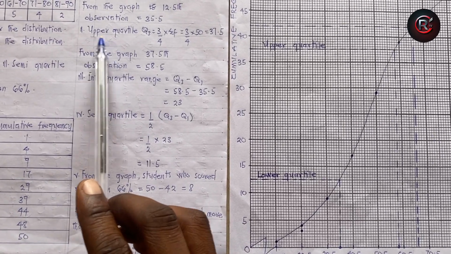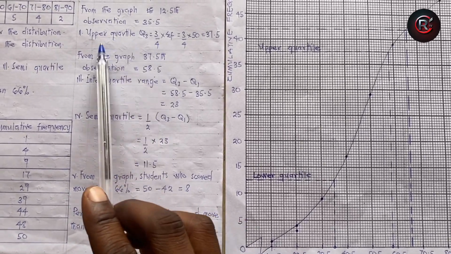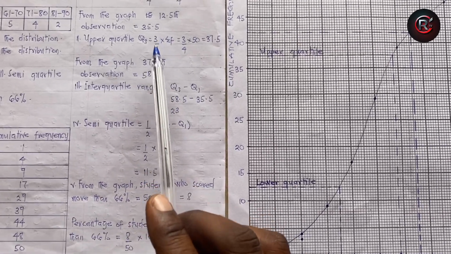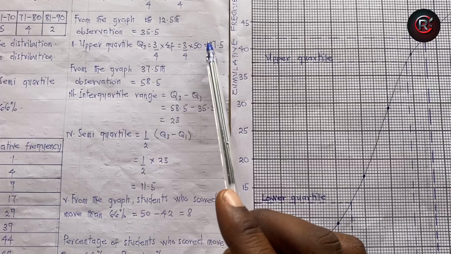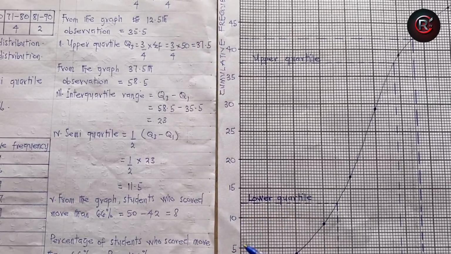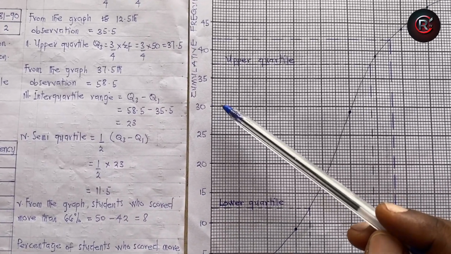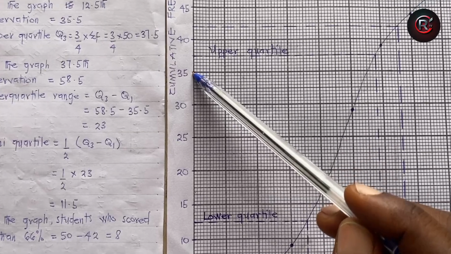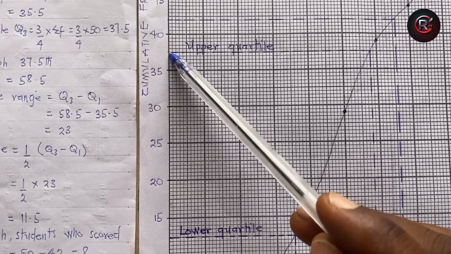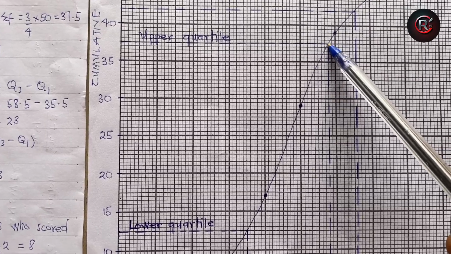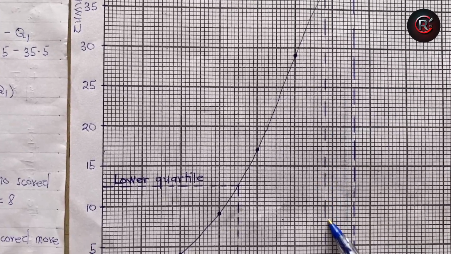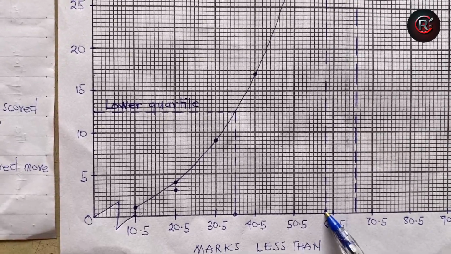Let us look at the upper quarter. The upper quarter can also be called the third quarter, and that is 3/4 times summation of f. 3/4 times 50 will give us 37.5. So we come here and read our 37.5. We have 35 here, so 37.5 will be this part. We trace it, and where it cuts the curve, we trace it down to our max less than.